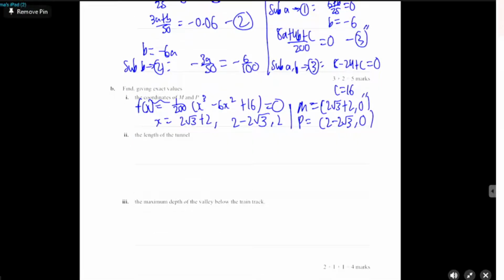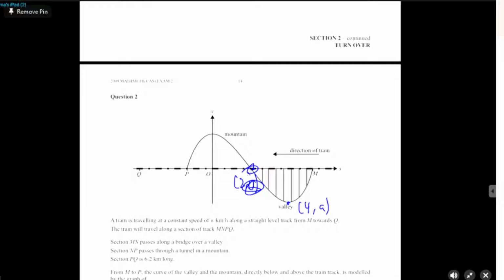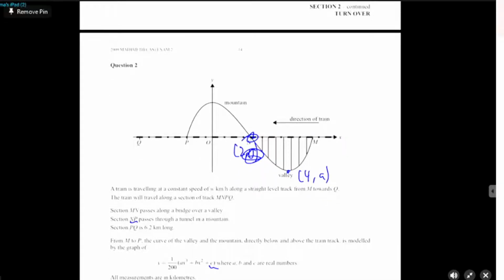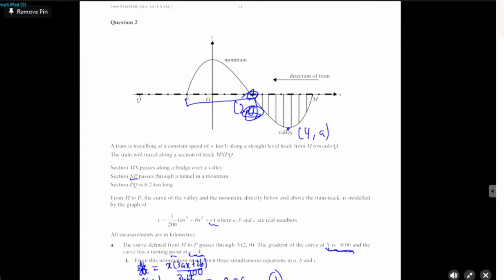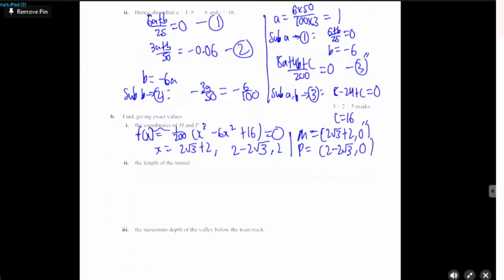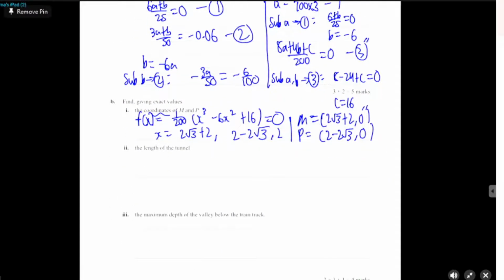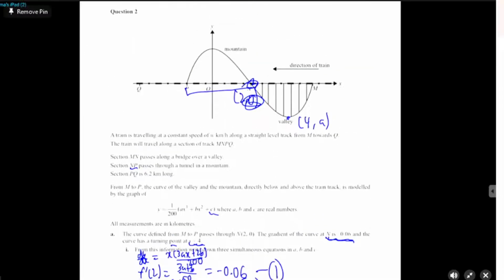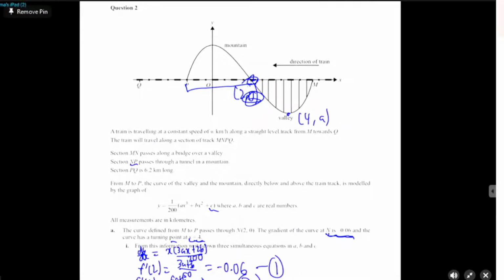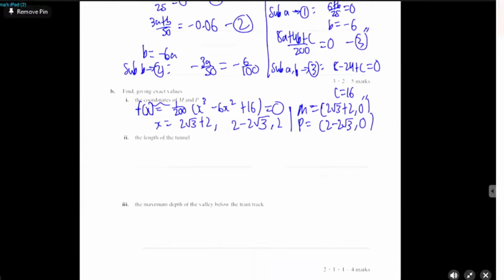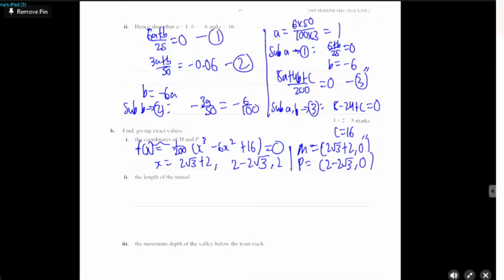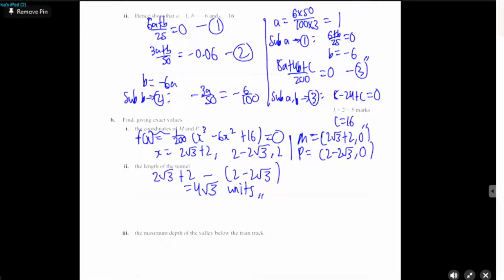And then the length of the tunnel. The question says that the tunnel is from n to p. So the length of the tunnel is going to be 2 plus 2 root 3, take away 2, take away 2 root 3. Doing that, you get 4 root 3. Oh, no, that's wrong.